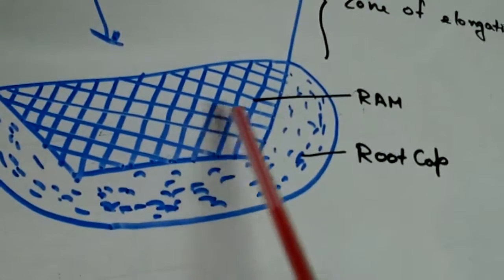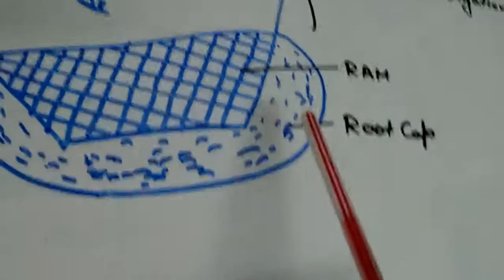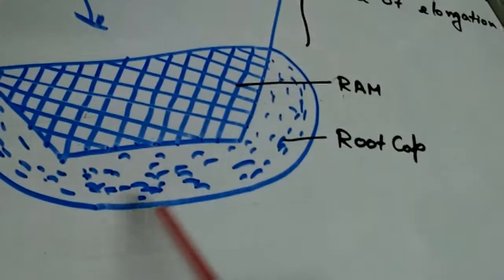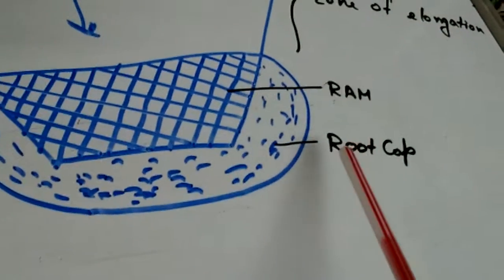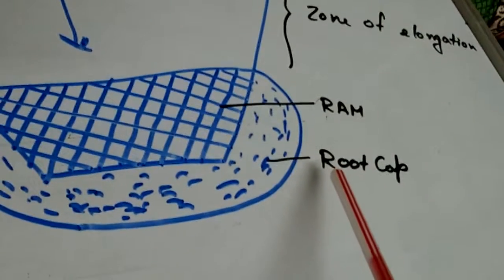Now this is the root apical meristem, and this root apical meristem is covered or protected by a very well formed root cap.